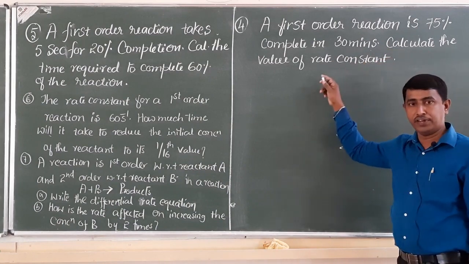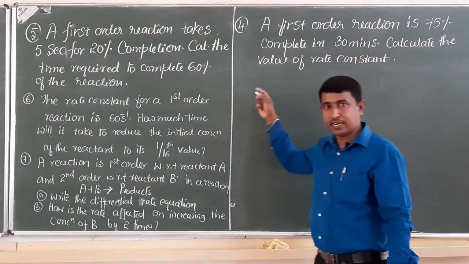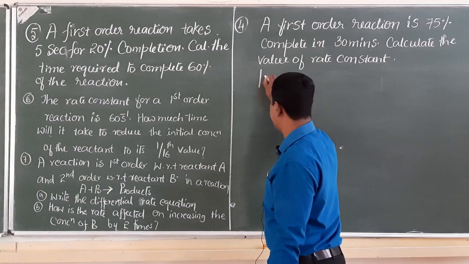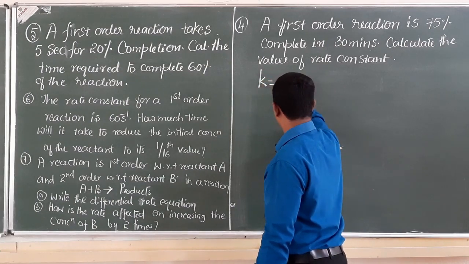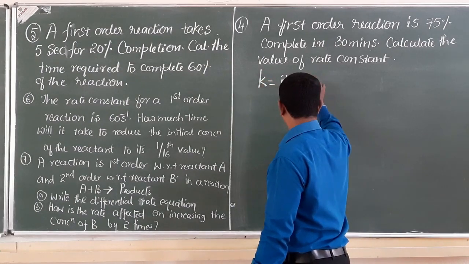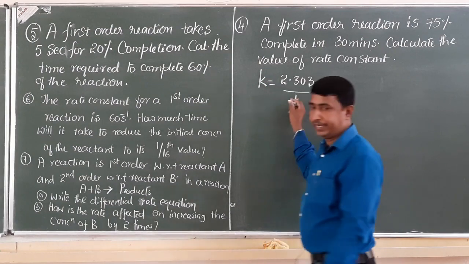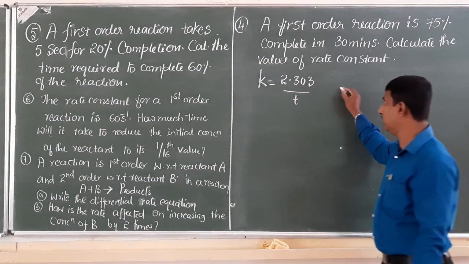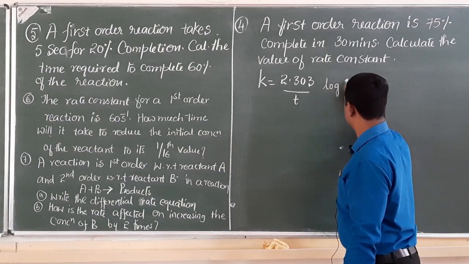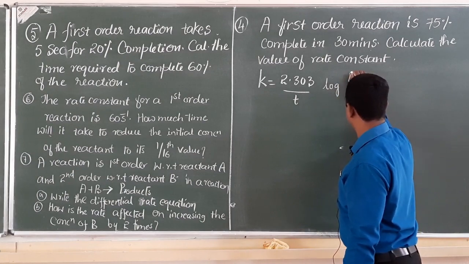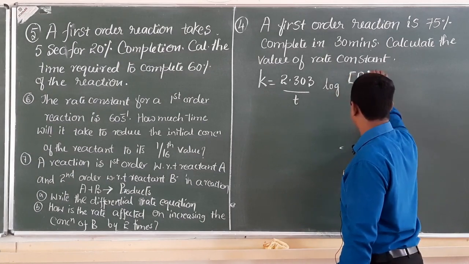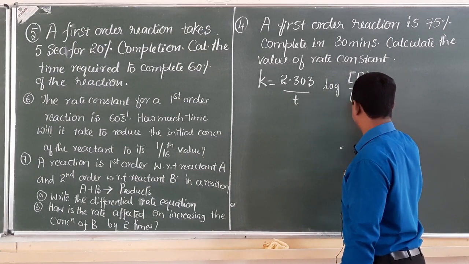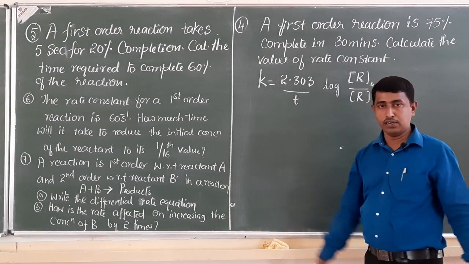Calculate the value of rate constant k. Let us write the expression once again. See, k is equal to 2.303 by t log R naught by R.